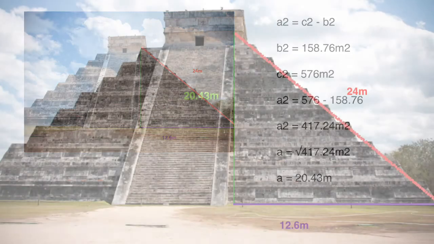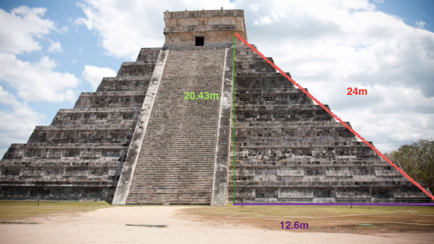So that's our left leg, which is A. And this way we can notice that we don't only need to find the hypotenuse sometimes, but also the legs.